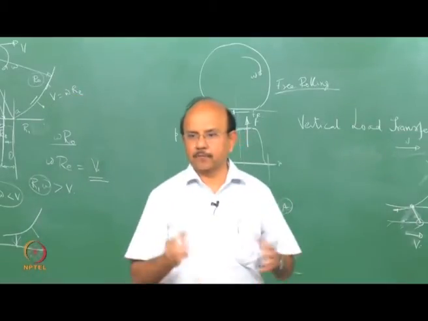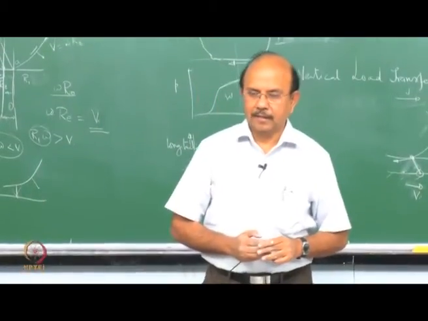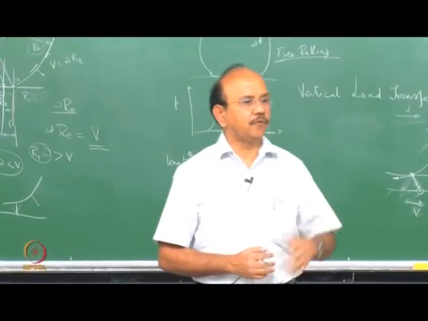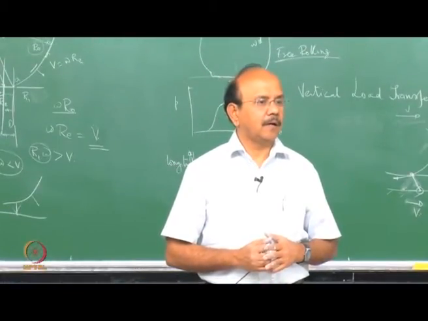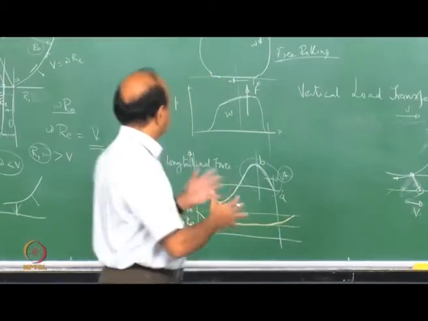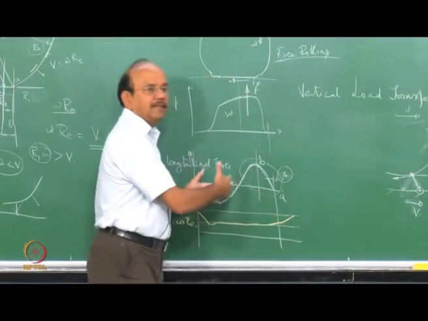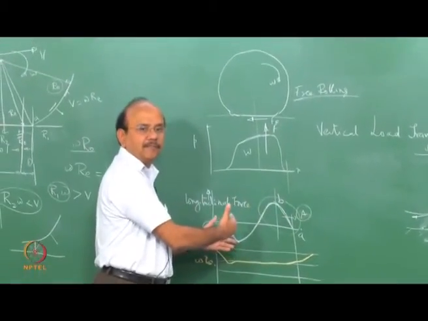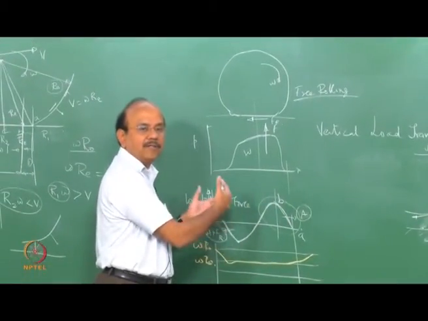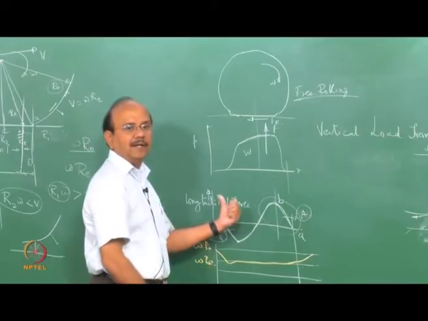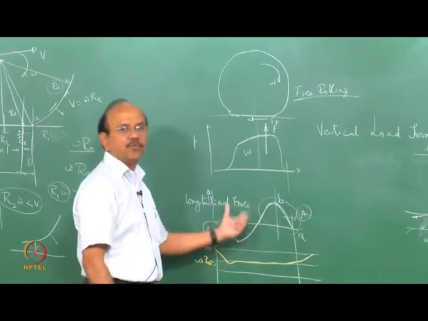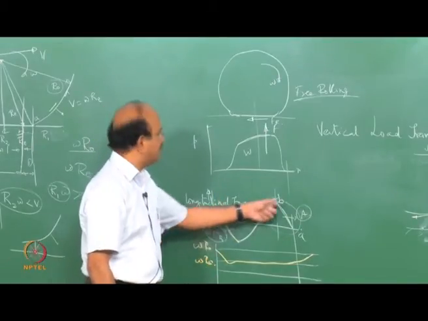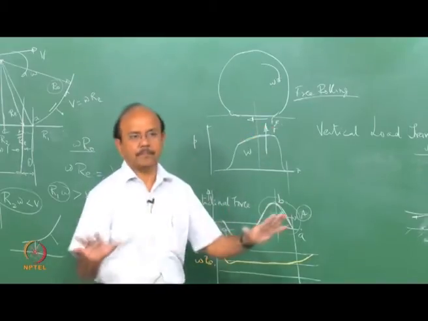That's the sum and substance of what we have been talking about. And these longitudinal forces are not just equilibrated from one side of the contact patch to the other, and they result in an uneven distribution of forces, and that is what we call rolling resistance. Good.